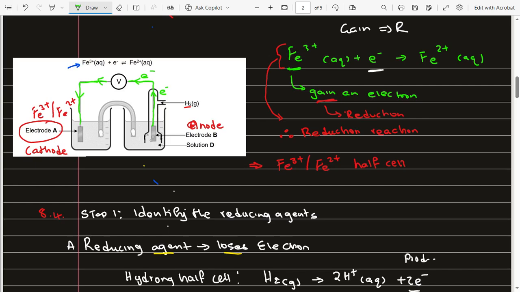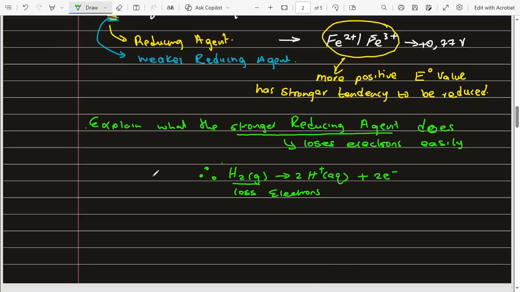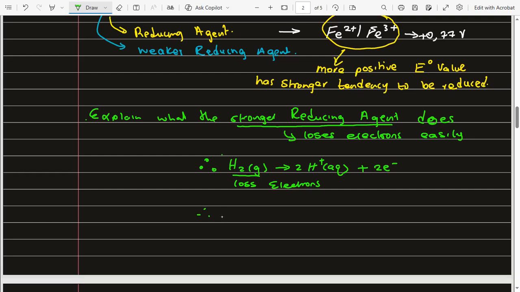So now we know what is going on here. These are the electrons moving. The electrons move through the wire to electrode A, and at electrode A, the Fe3 plus is the one that will gain that electron.